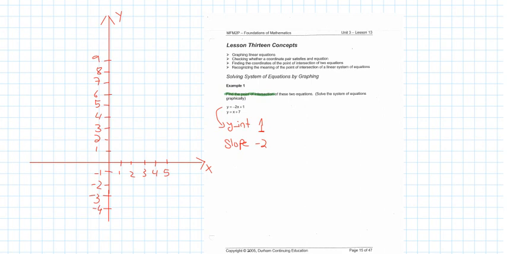Yeah. So this is where your y-intercept is. And what does my slope tell me? It means down 2 and 1 to the right, because it's -2 over 1. So I go down 2 and 1 to the right, and this is where my next point is.